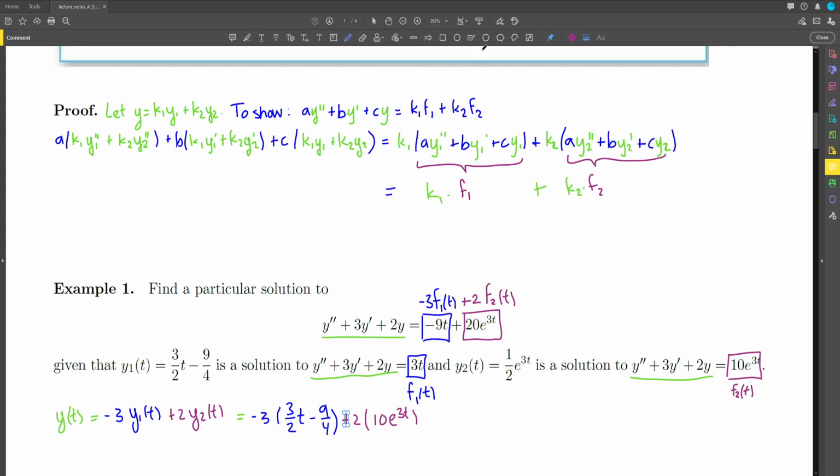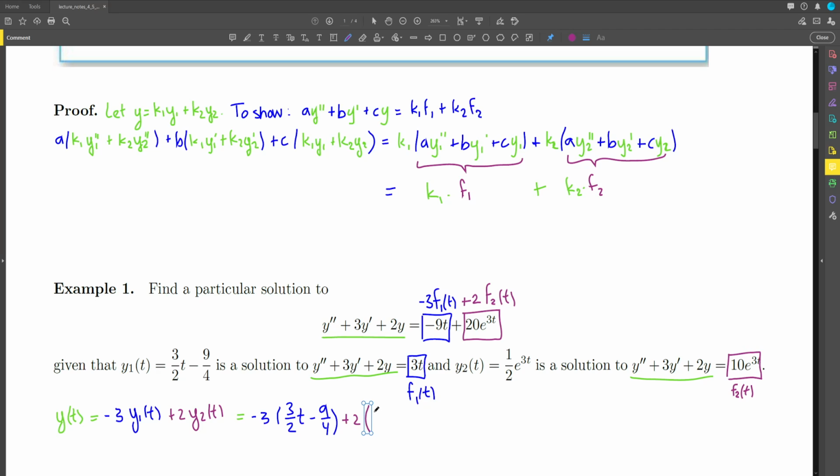Sorry, I got that mixed up. Look over here, y2 is 1/2 e to the power 3t.